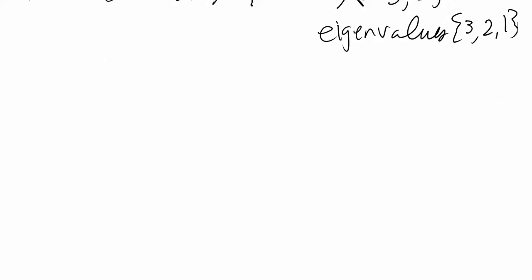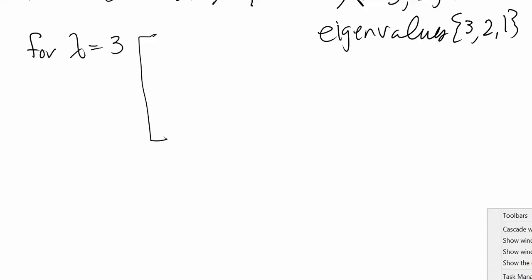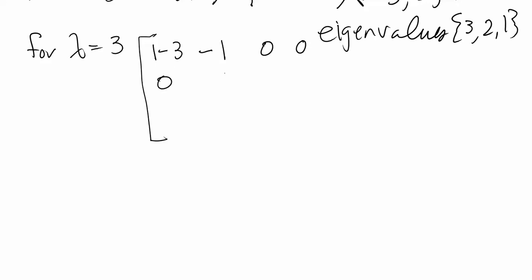Next, we need to find the eigenvector associated with each of these eigenvalues. And so let's start with the first one. For lambda equals 3, we're going to take 3 off each of the diagonal terms. So we have 1 minus 3, and then our off diagonal terms, minus 1, 0, 0. For the next row, we have 0, 3 minus 3, 0, 0.